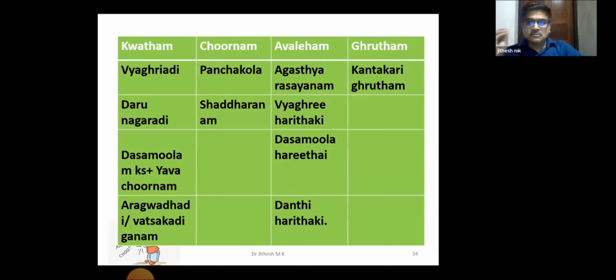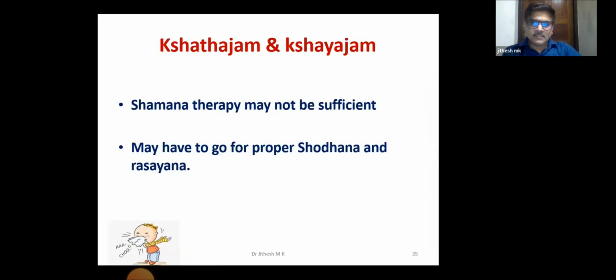Again, if you want to go for the Vamanas, etc., you can use this Kantakari Ghrita as a Snehana Dravya for Snehapana. Now, Kshataja and Kshayaja, we know that we need proper Shodhana therapy. We need to do the Pachana properly, then go to Snehana.